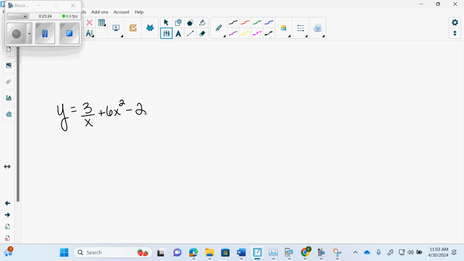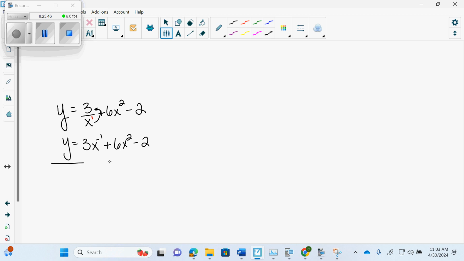That is not a polynomial. Why? This is x to the 1, but it's in the denominator, correct? If I rewrote it, I could rewrite this as 3x to the negative 1, could I not? By bringing it up, we talked about this. Plus 6x squared minus 2. So this is not a polynomial. Polynomials have to have whole number exponents.